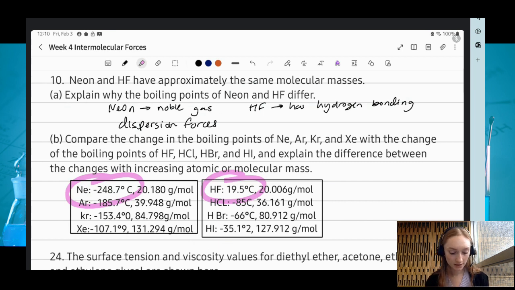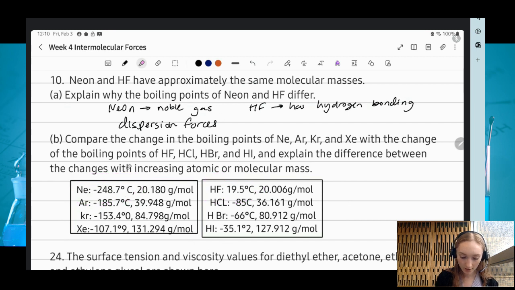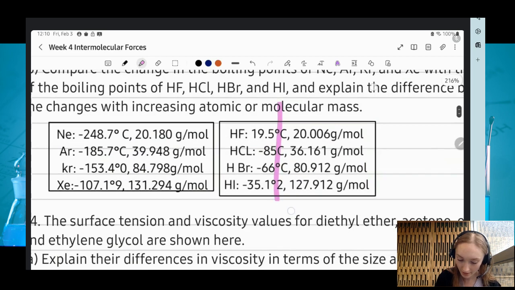So now let's move on to 10B. I already touched on the neon and the HF, but let's go through all of these. With these two boxes here, these are the boiling points, and then here are the molecular masses. Let me zoom in so you can see better.